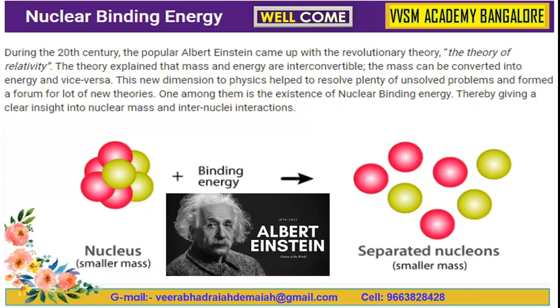The nucleons are separated by means of binding energy. Suppose the binding energy breaks: nucleus plus binding energy gives separated nucleons, that is, smaller masses of nucleons, which may be protons or neutrons.